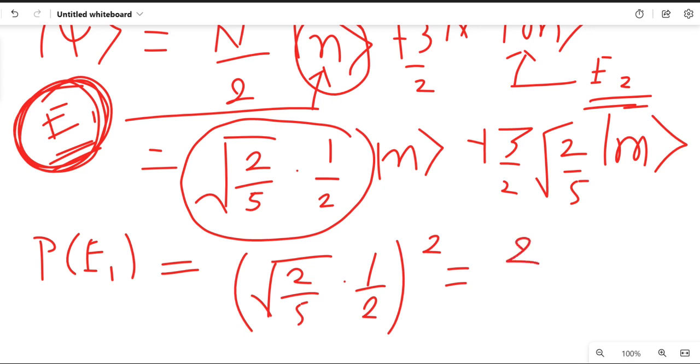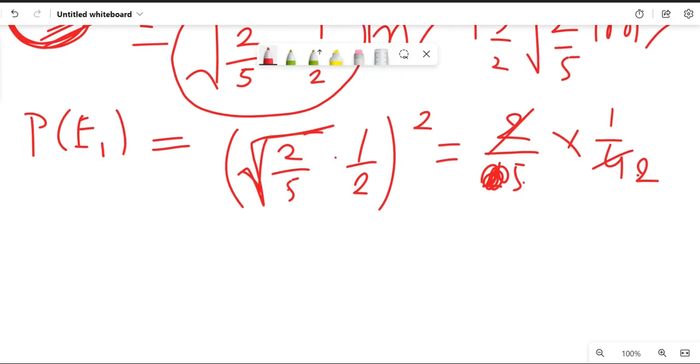Root 2 square will be 2, root 5 square will be 5, and 1 by 2 squared will be 1 by 4. Now 2 fours are 8... so P of E1 will be 1 by 10.